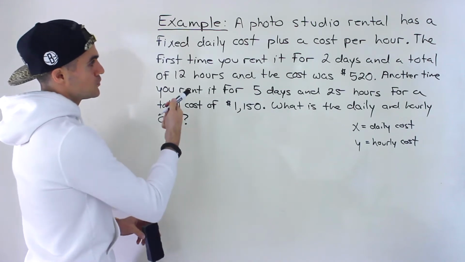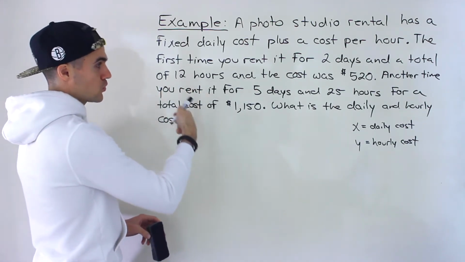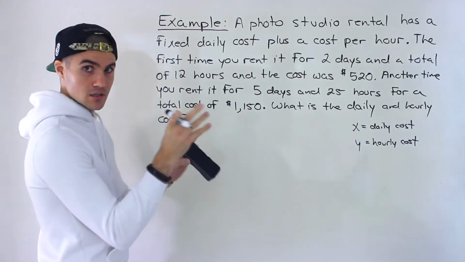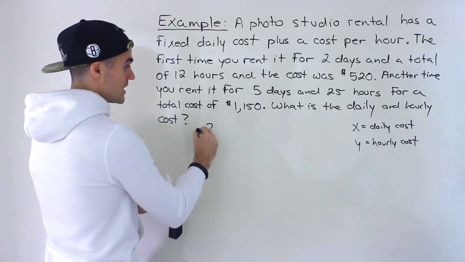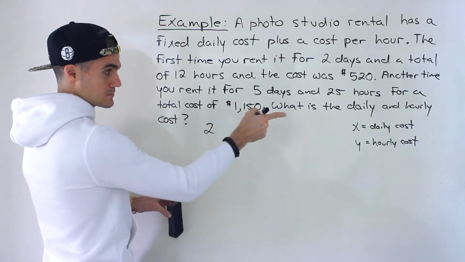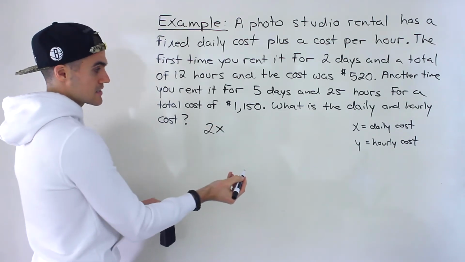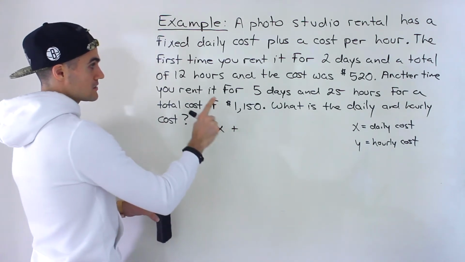So the first time you rent it for 2 days and a total of 12 hours. For the 2 days, how much is the cost going to come from the days? Well, it's going to be the 2 days you rent it for times the daily cost, the cost per day, which would be x. That's what we're solving for. Plus, there's going to be an hourly cost.